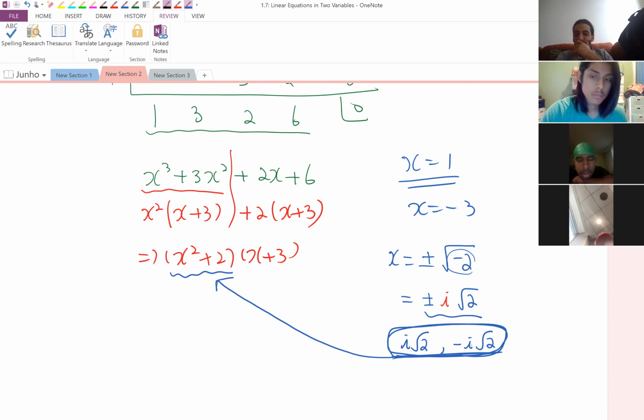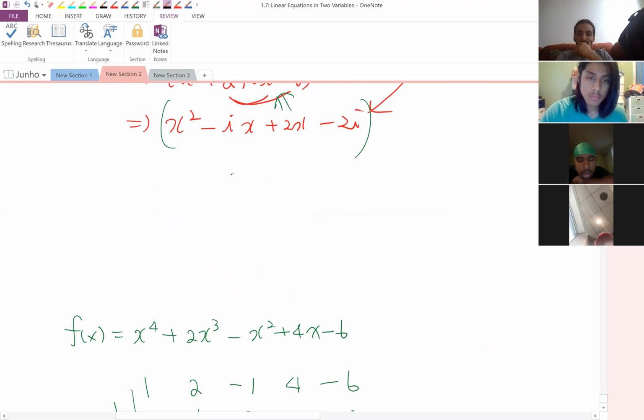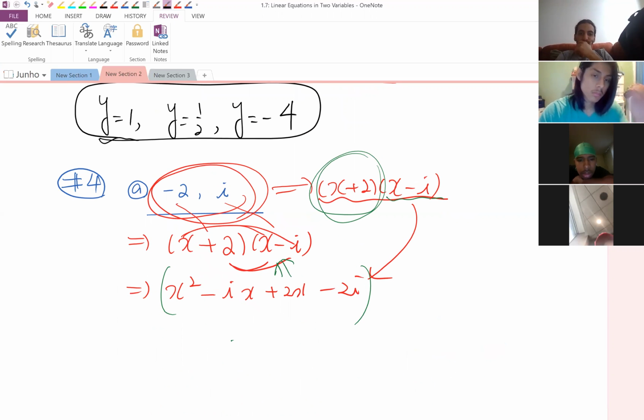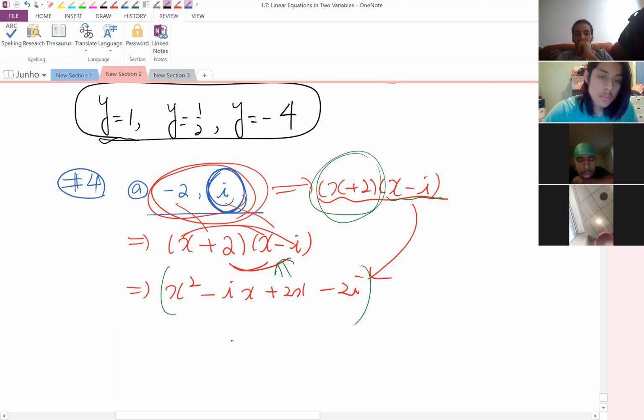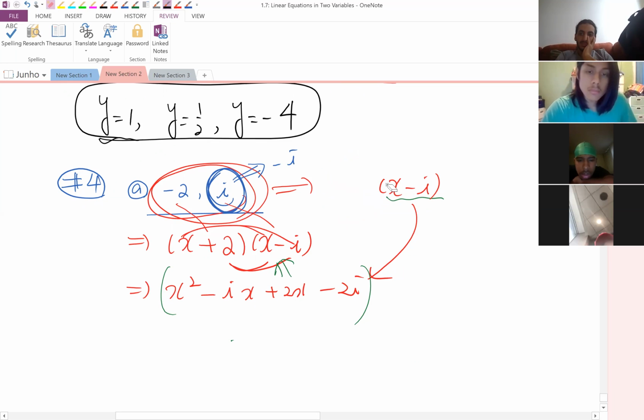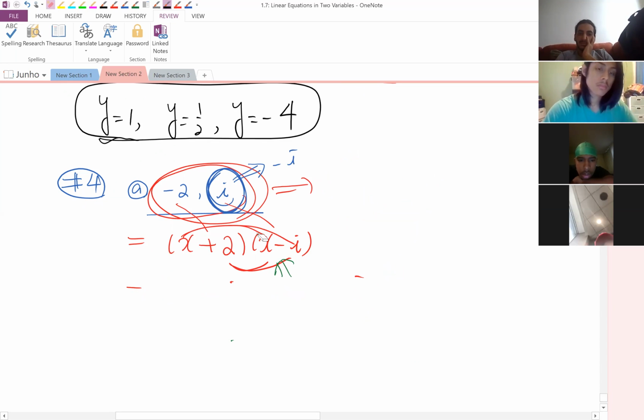We did it before. Now go back here. Now we have i. Then automatically, which one do we have to think about? The conjugate, negative i. Even though it didn't specify negative i as well, when you rewrite this expression, we have to count its conjugate automatically, only for the imaginary numbers.